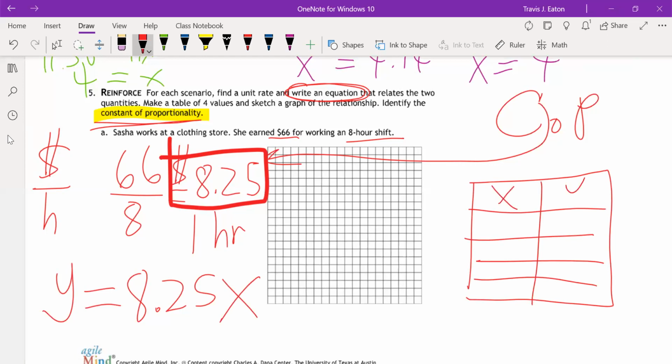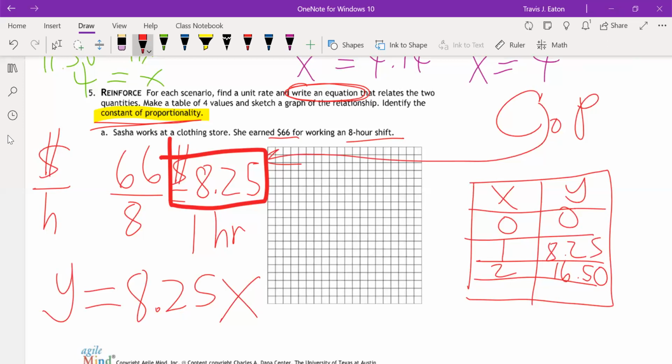Here's my X, here's my Y. 0 hours, 0 money. 1 hour, $8.25. 2 hours, $16.50 because I just multiplied 8.25 times 2.